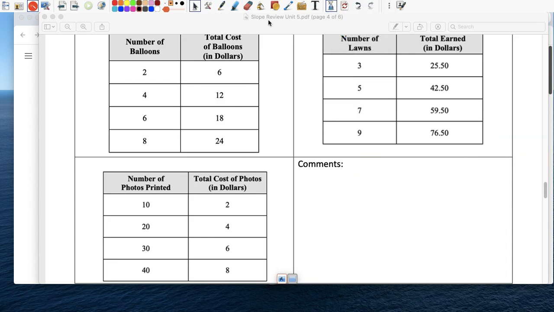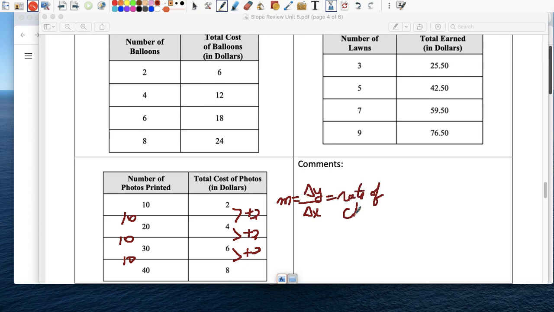This one, total cost, and again, plus 2, plus 2, plus 2, plus 10, plus 10, plus 10. So it doesn't matter which pair you pick. Let's write the change in y over the change in x, the slope or the rate of change. So it's $2 on top, 4 minus 2, y2 minus y1 is 2, and x2 minus x1 is 10.